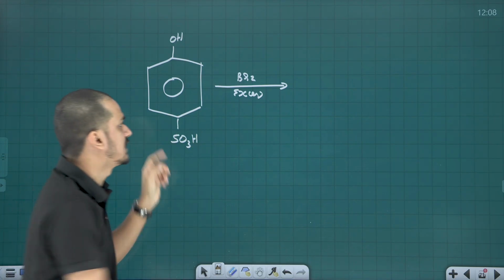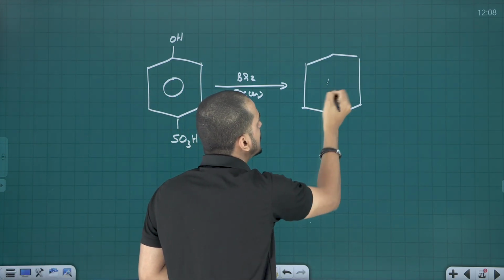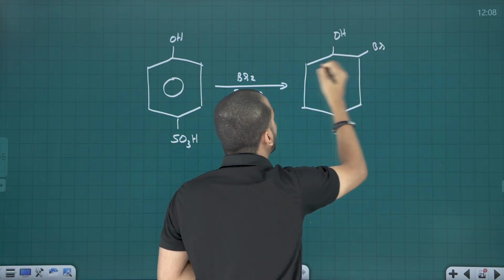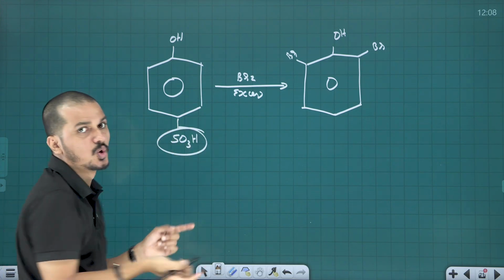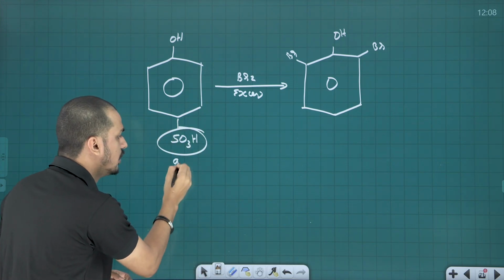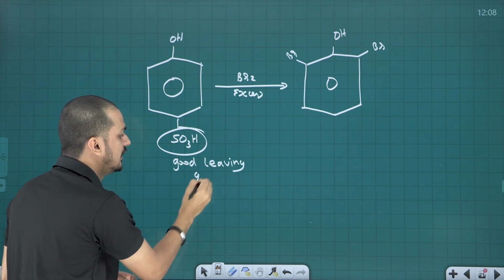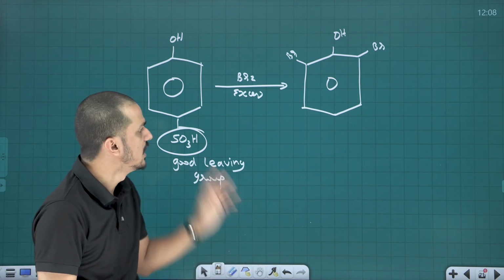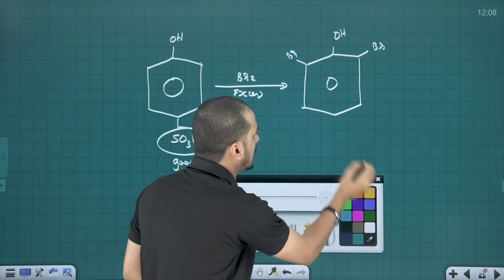Para already has SO3H, so first OH is there and bromine will come here. As well, SO3H is a good leaving group. Because of its bulkiness, it is a good leaving group, and you have to remember that. So that will leave, and instead of that, which one will come here?